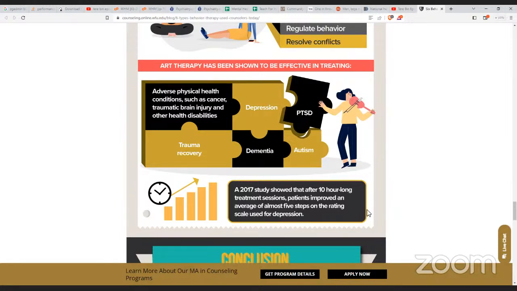What is your experience? Have you experienced art therapy? Yes, ma'am. It's a good experience, more of a projective technique. I was with an art therapist, and through my drawing she analyzed a lot of things about me.